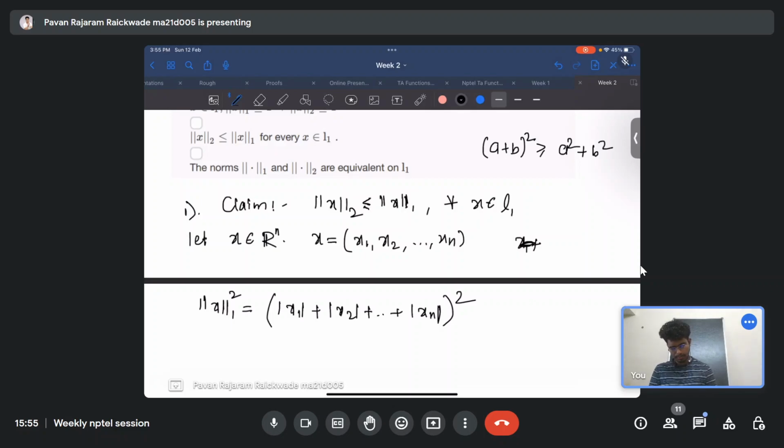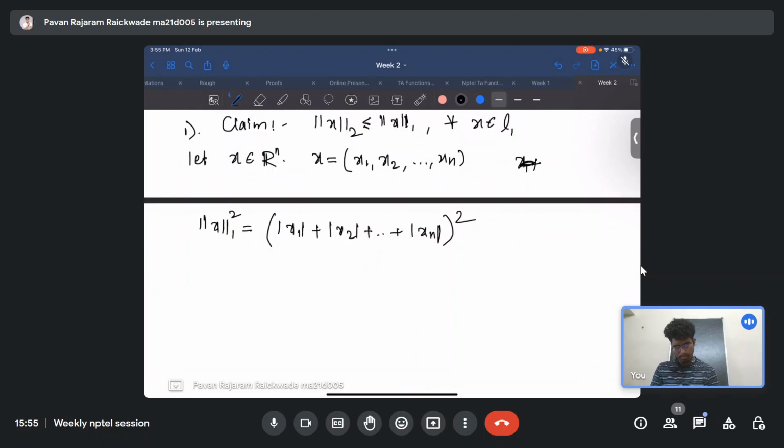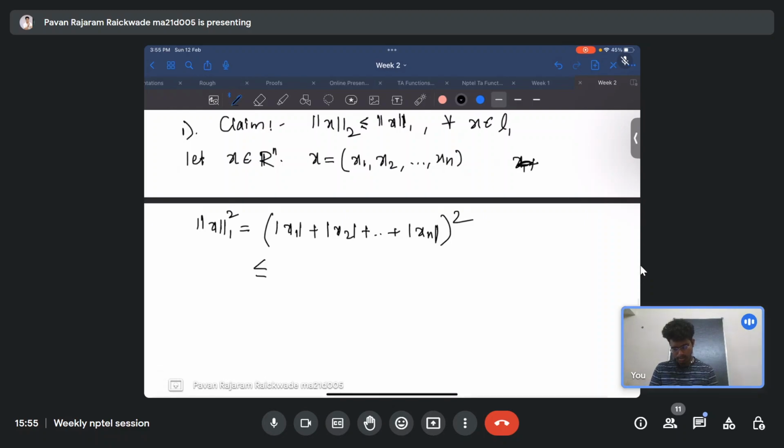Okay. So mod x1 plus mod x2 up to mod xn, squared, is greater than or equal to mod x1 squared plus mod x2 squared plus mod xn squared. Because if you are taking the square of the whole thing, there will be some additional terms inside: 2 times mod x1 x2, 2 times mod x1 x3, similarly triple products, four products and all, which are all positive.